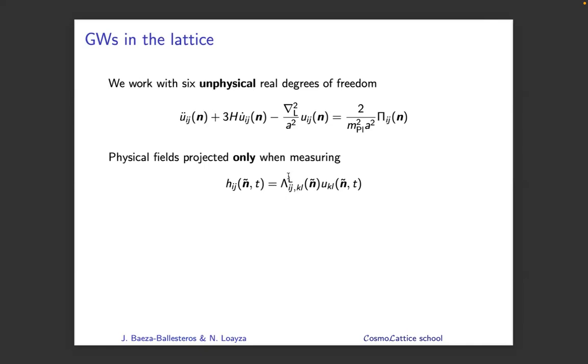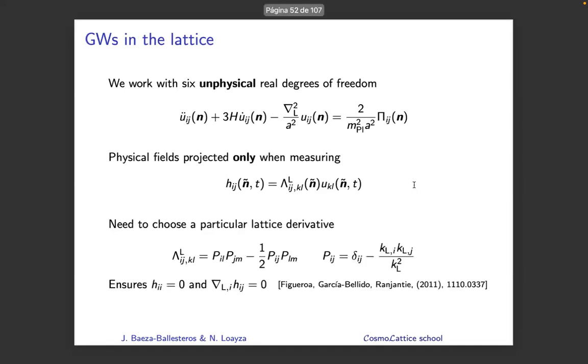That's why I am now putting this subscript L here, because it's not the same as the continuum. For example, if I haven't chosen any lattice derivative yet, the definitions will be something like this. But let's specialize to every choice of lattice derivative. If you want to check, there is this reference where there is a discussion about this.